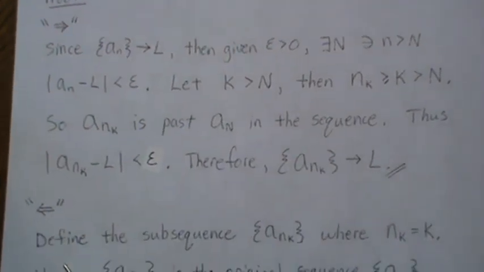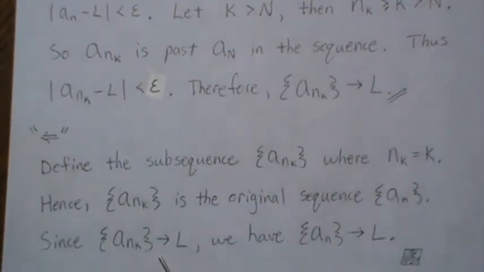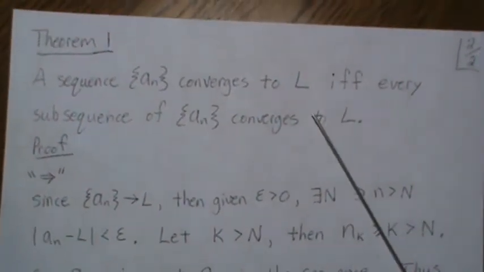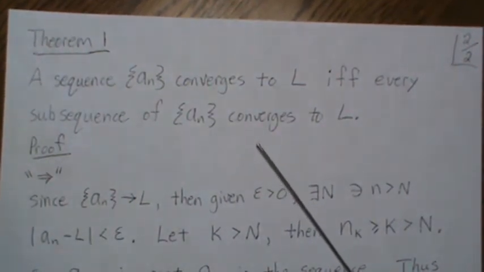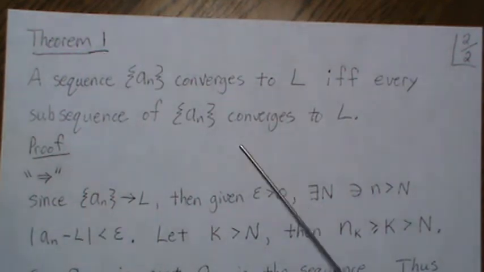Now let's go back the other way. Define the subsequence a_{n_k} where n_k is k. That means that our subsequence is the original sequence. And since every subsequence converges to L, that means our original sequence, in this case, converges to L. So it is true. Now, one note here is that every subsequence has to converge to L for this to be true. Let's say our original sequence was 1, 2, 3, 1, 2, 3, 1, 2, 3, and so on.